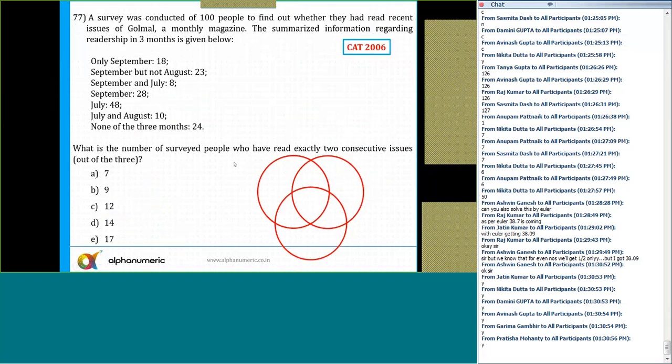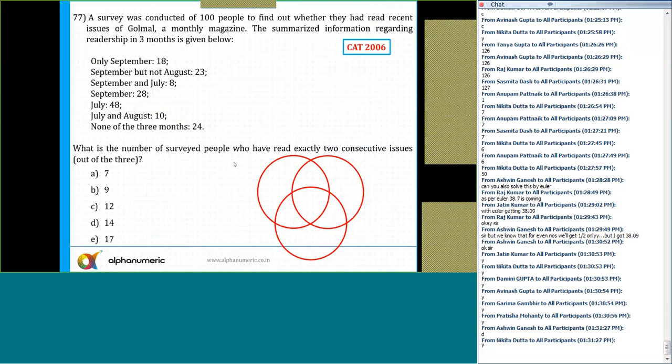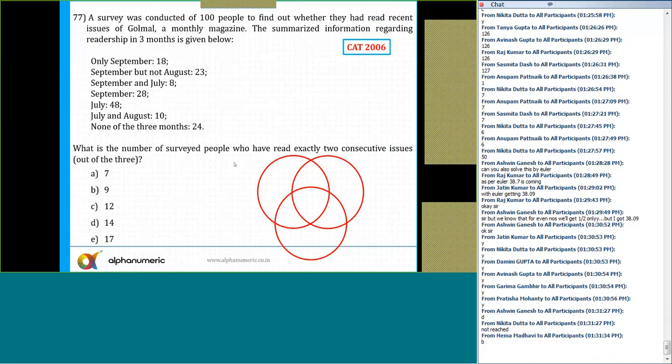Okay, what is the answer for question number 77? Please tell me now. Anyone? Not reached? Okay, then you can try now. That is question number 27. Okay, let me see.